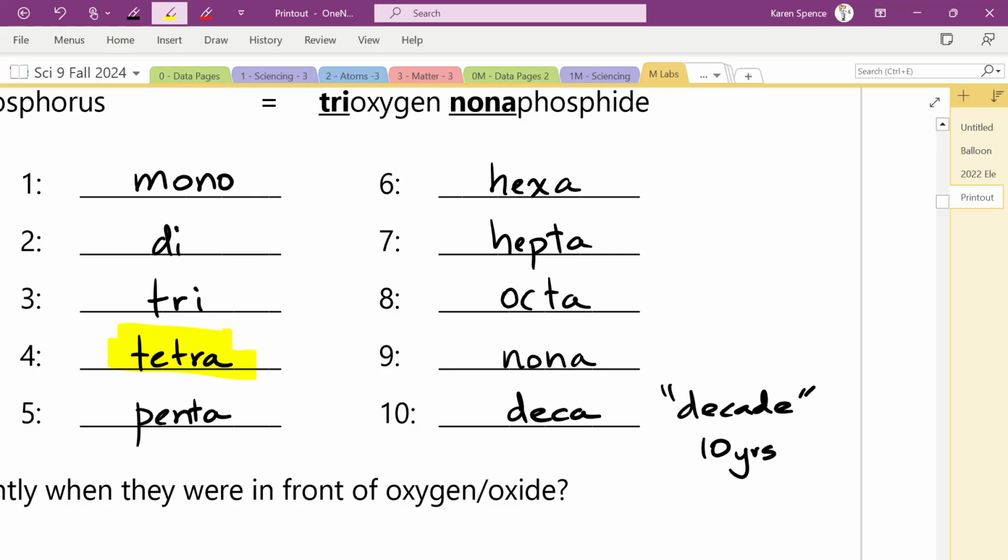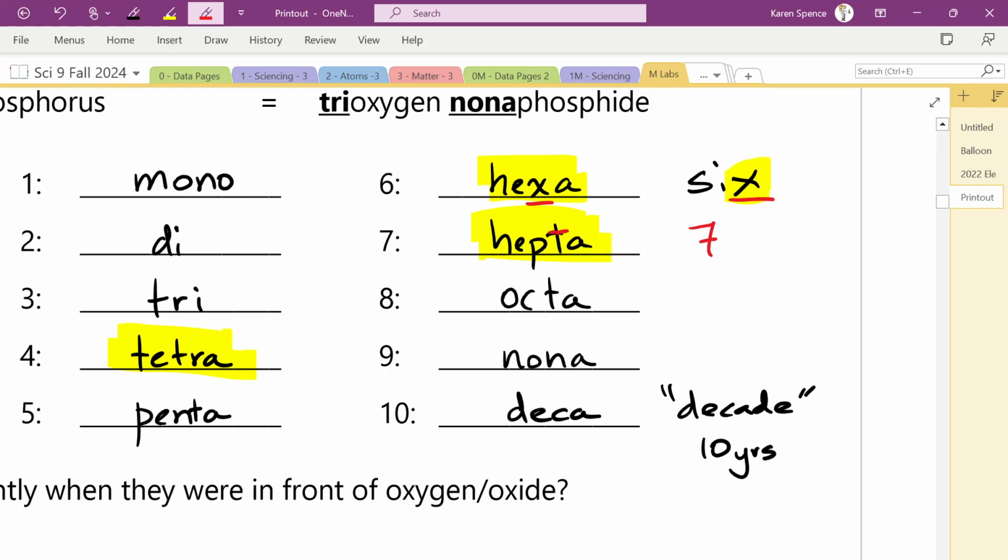Okay? People tend to mix up hexa and hepta. If you have trouble, remember that the word 6 contains an X. And hexa contains an X. And I don't know, it may not be helpful, but sometimes you can write a number 7 with a line through it like that.